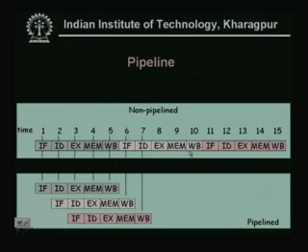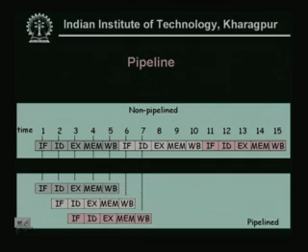Similarly, for another instruction, another 5 stages are shown. Now, if it is non-pipelined, then for the first instruction all 5 stages must be executed, and only then can the second instruction be processed.